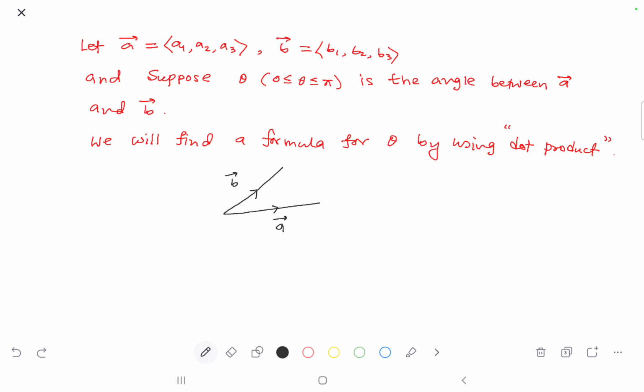Let's say this is the terminal point of the a vector. This is the terminal point of the b vector, and both start from, let's say, the origin O. Let's say this is called A. This is called B. So OA vector, let's say A vector, and OB vector, let's say B vector.